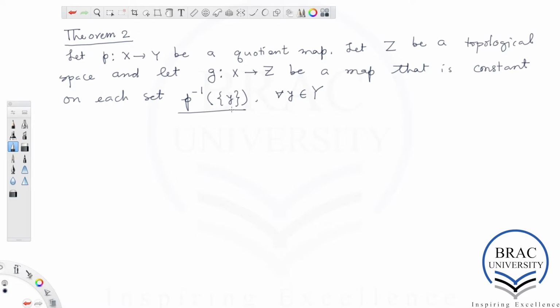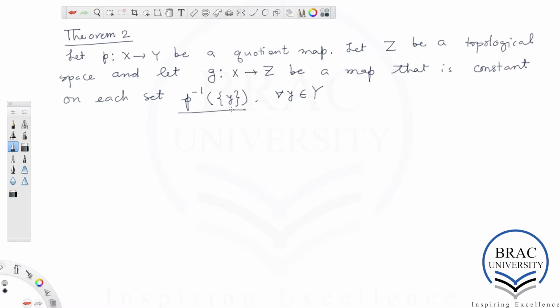It may be a singleton, so it's trivial then that G is constant on such a singleton set. But if it's not a singleton, then we demand that G is constant on this set, meaning that at any point on the set we get the same value for G.